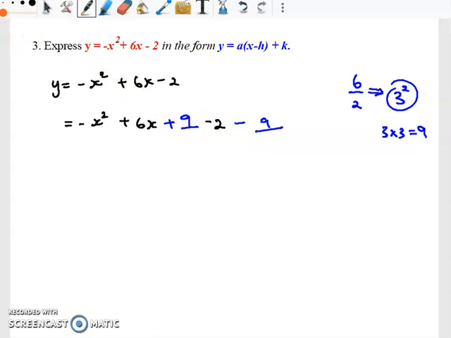So that is what we get. Focus on this part now. Let me take this out.